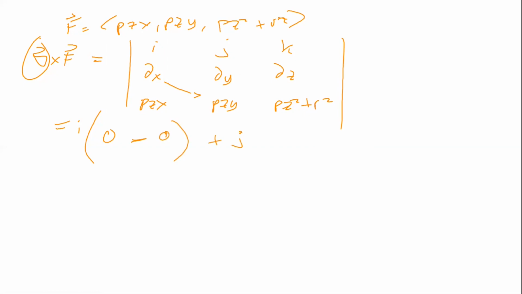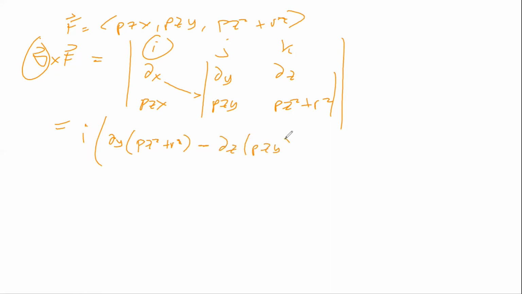Oh, what am I doing? I just did the k component. Okay, so i times, you select the i, you take the determinant of the other columns and rows. So you end up with the y derivative of pz squared plus r squared, minus the z derivative of pzy.